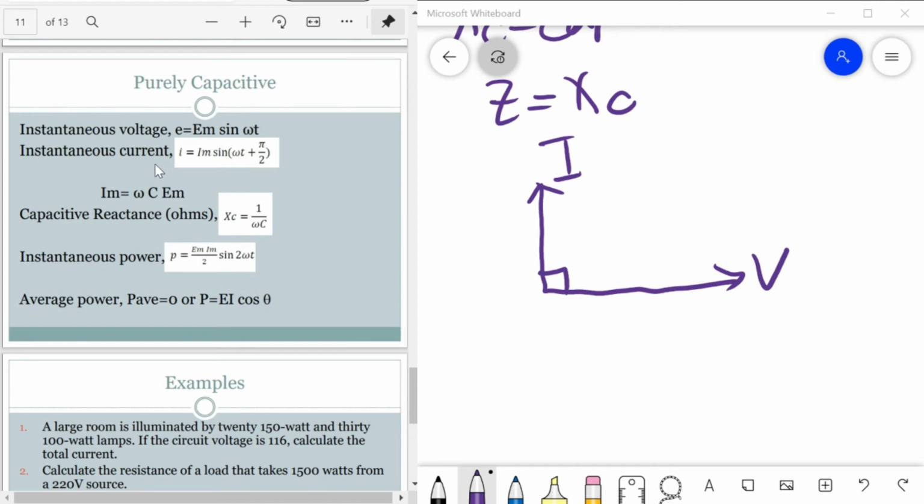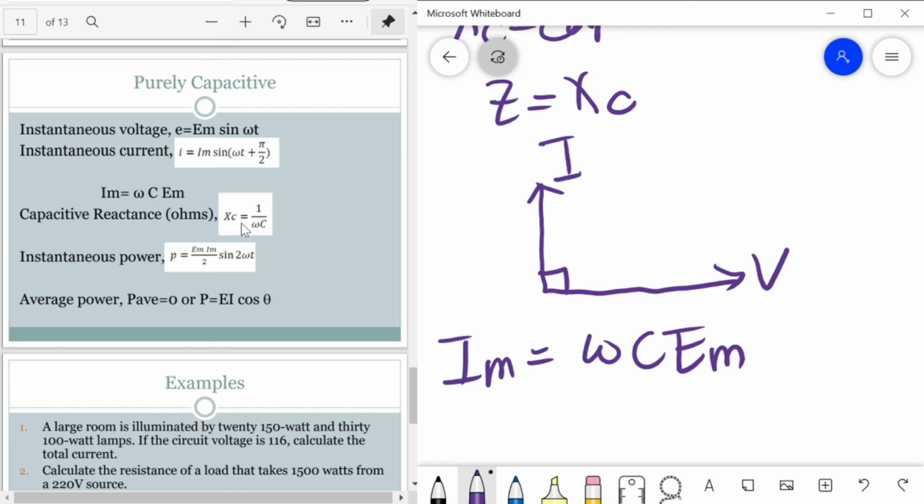So, instantaneous current is I is equal to Im sine omega t plus pi over 2. Plus means the current is leading. So, Im is equal to omega C Em.